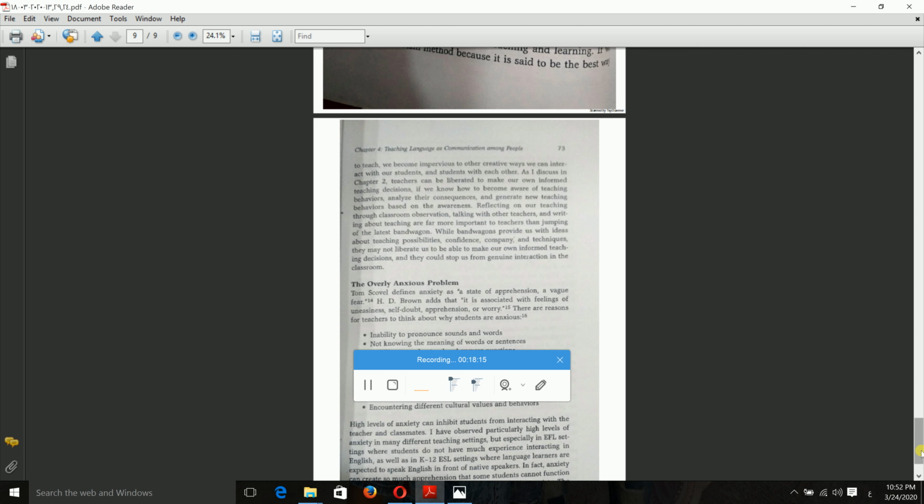as shown on page 73, reflecting on our teaching through classroom observation. You should put a camera at the end of the class and start recording the lecture or lesson from the beginning till the end.